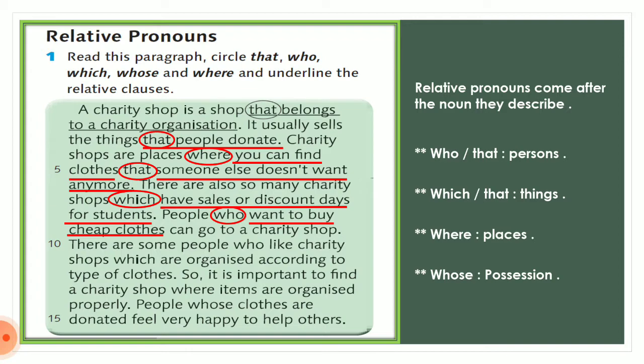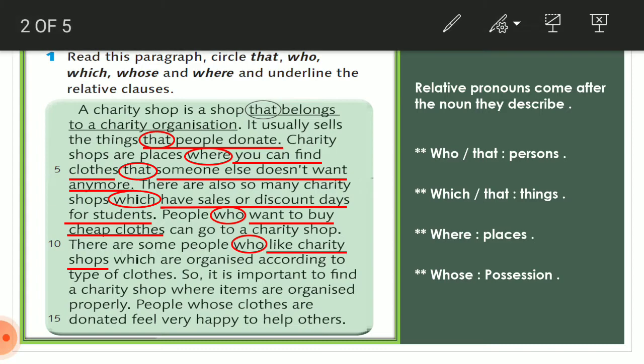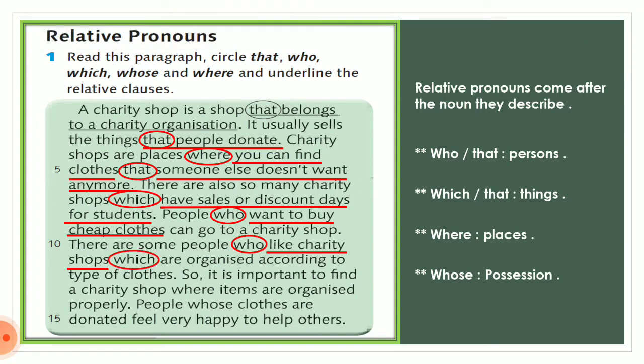Okay, let's continue. There are some people who like charity shops which are organized according to the type of clothes. So there are some people, I want to specify, who like charity shops which are organized according to the type of clothes. They like these shops that sell clothes, but I want to specify which shops: those which are organized, or which arrange the clothes, according to their type.